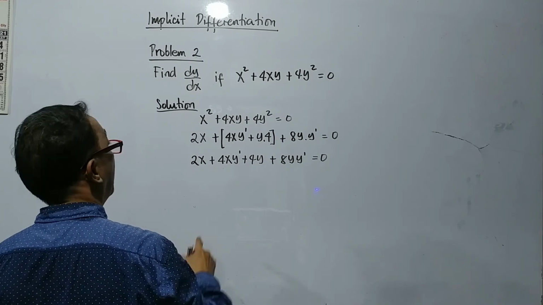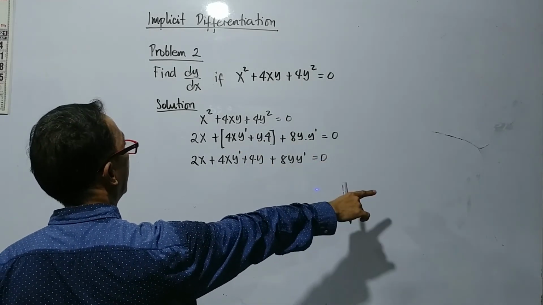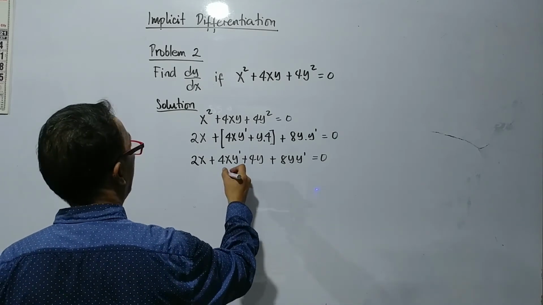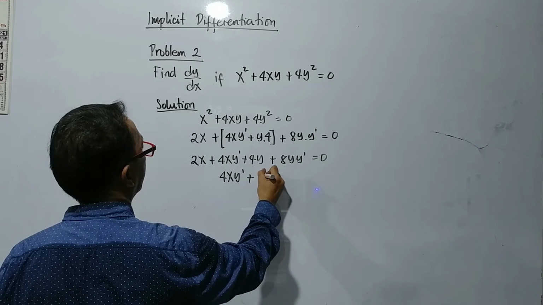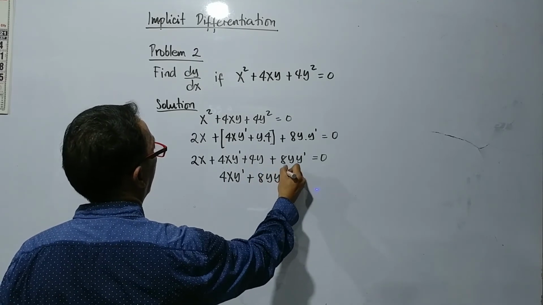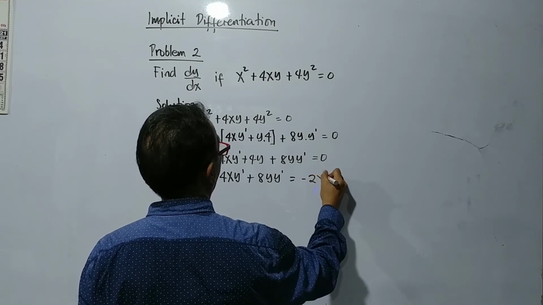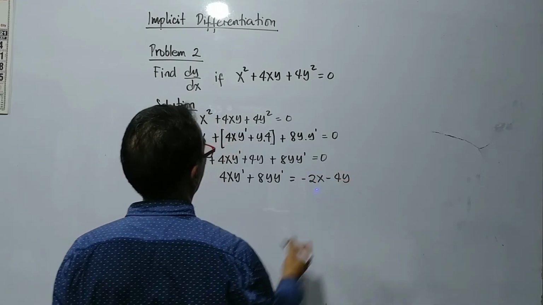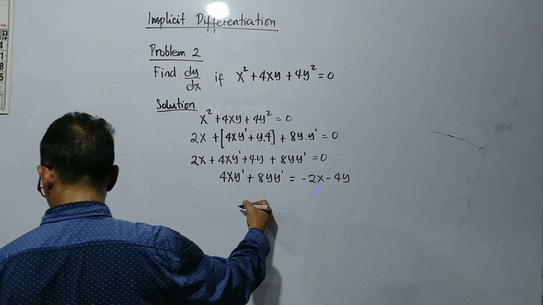So, we will transpose these to the other side. We have now 4x y prime plus 8y y prime equals negative 2x minus 4y. Then we can factor out y prime here.